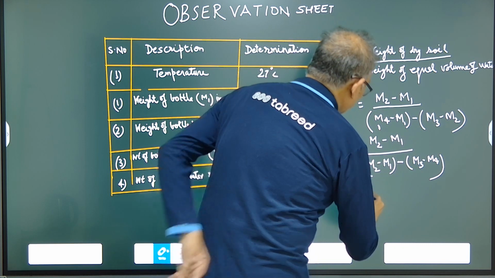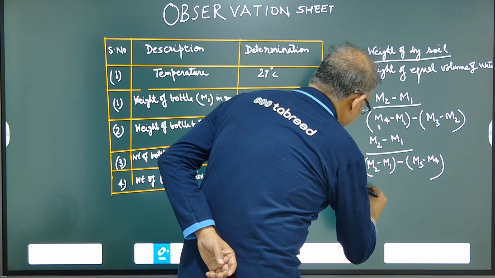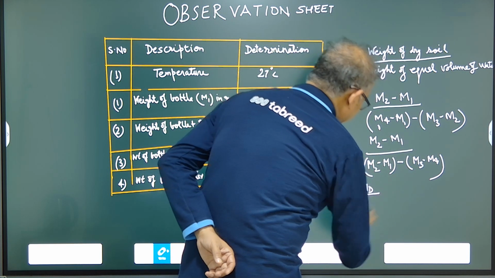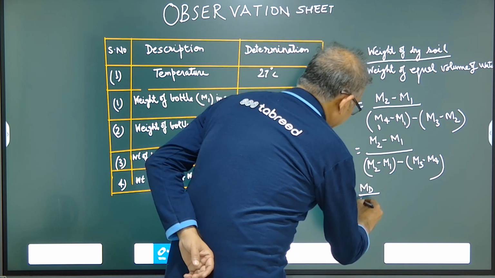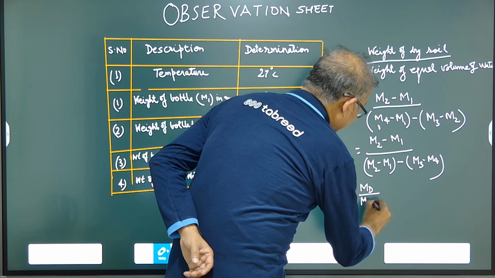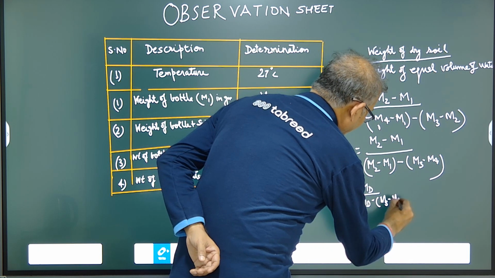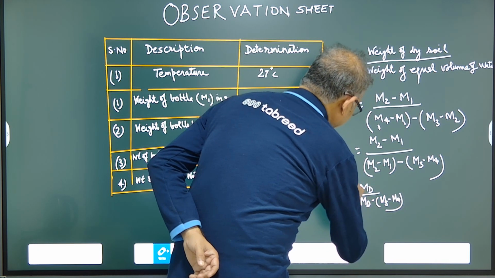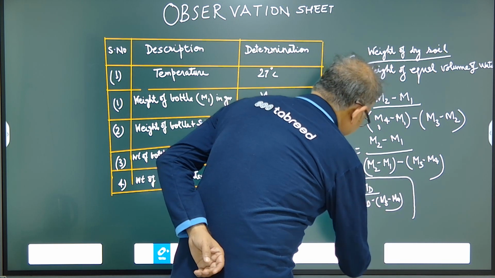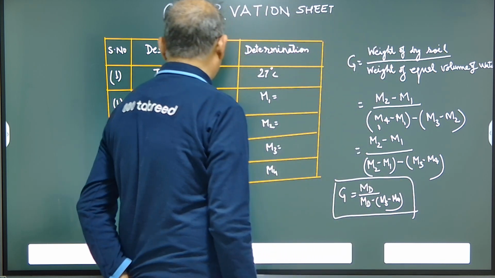Here M2 minus M1 is nothing but the weight of dry soil solids, and with this we can determine the specific gravity of soil.